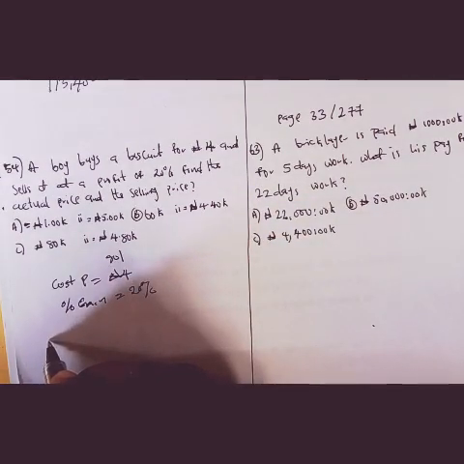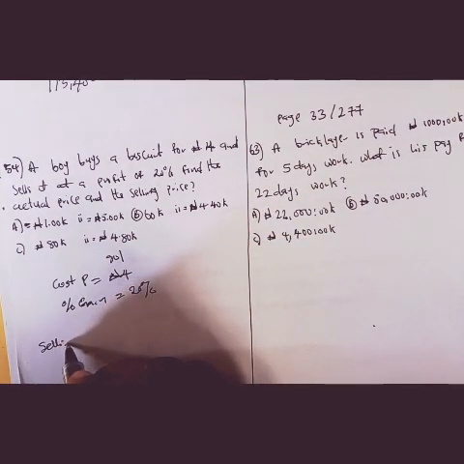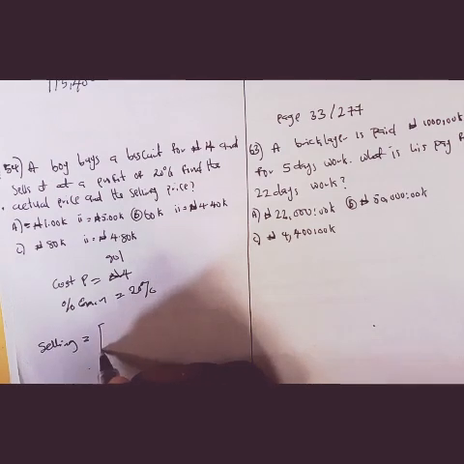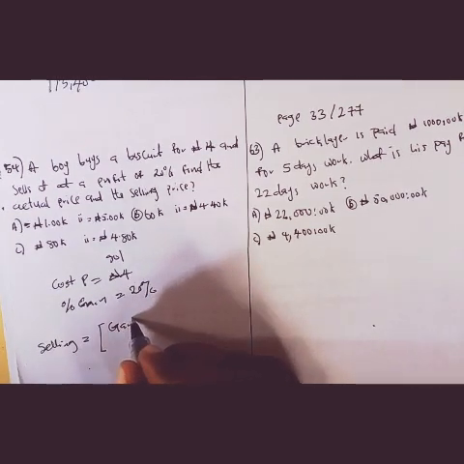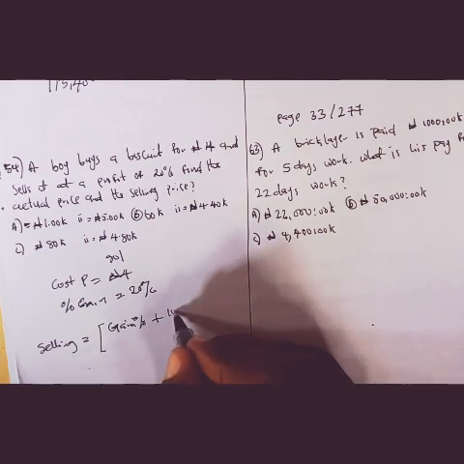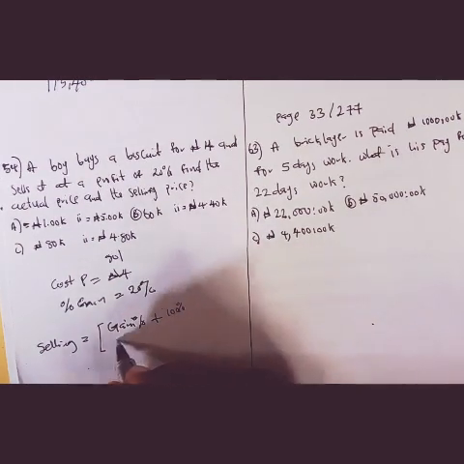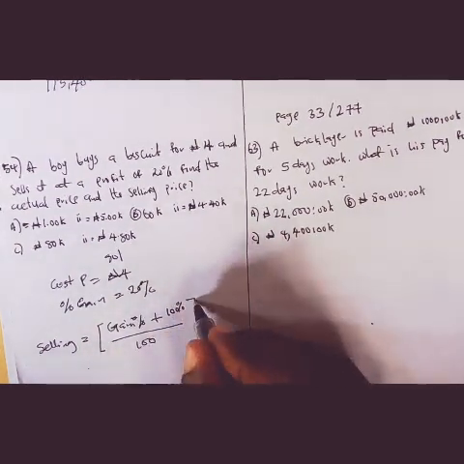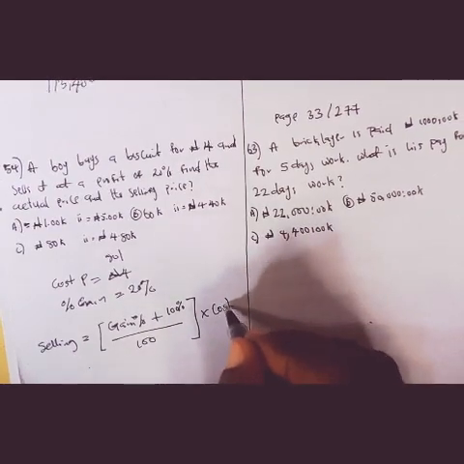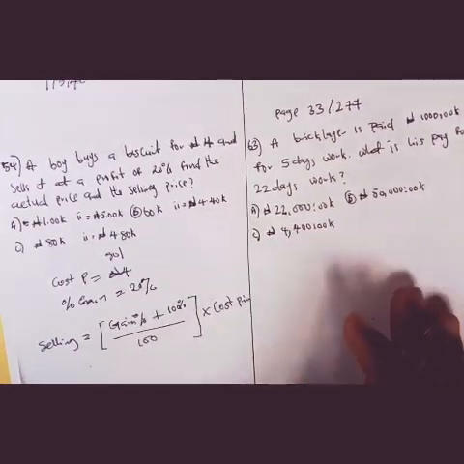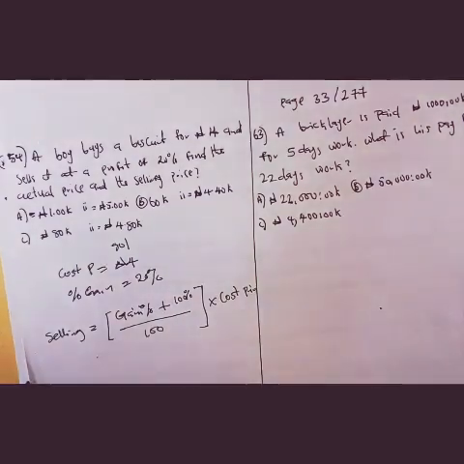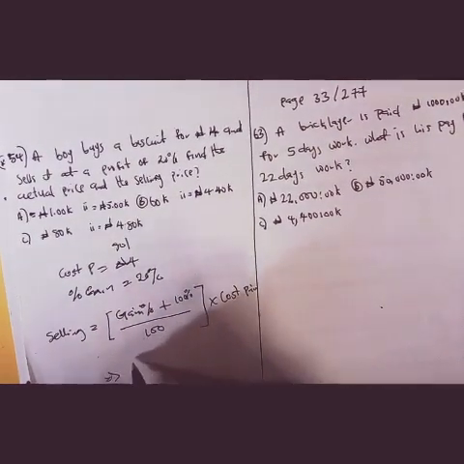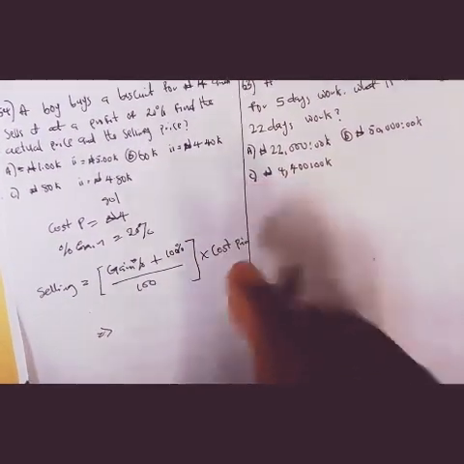So we should find the actual price and the selling price. I know there is a formula that says selling price is given as gain percent plus 100% all over 100 multiplied by cost price. Now this is the formula I'm going to use in solving this problem. We have that gain percent has been given to us as 20%.